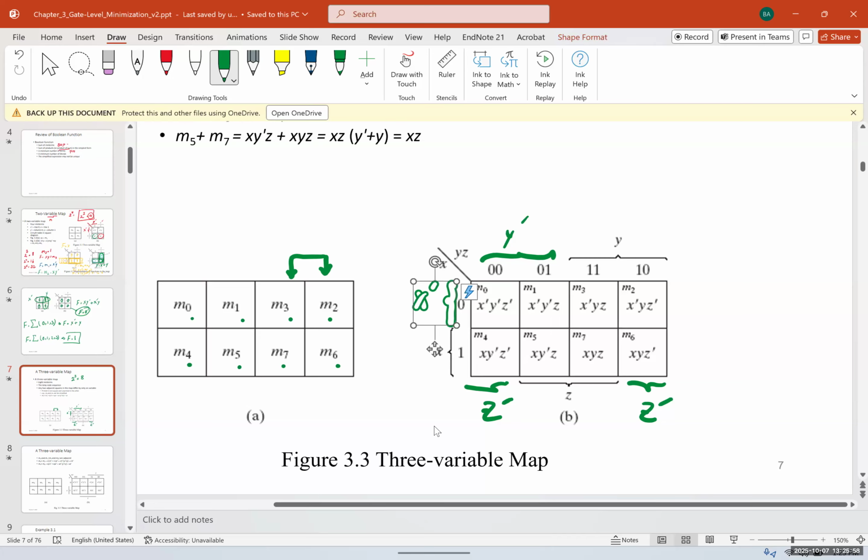Now let's solve an example. So imagine that this is 1, this is 1, and the rest of it is 0. So M3 and M7 are 1. So M3 plus M7. What is common between these two bits?